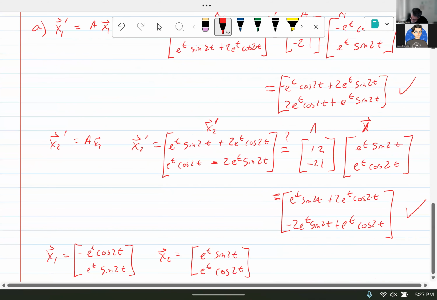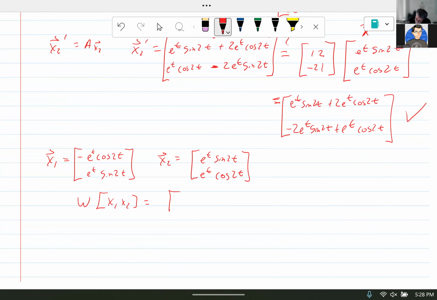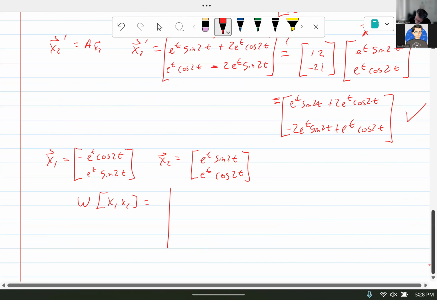Yep. Now I want to know if these are linearly independent, so let's take the Wronskian of these. We'll find the determinant of negative e to the t cosine 2t and e to the t sine 2t, e to the t sine 2t, and e to the t cosine 2t.